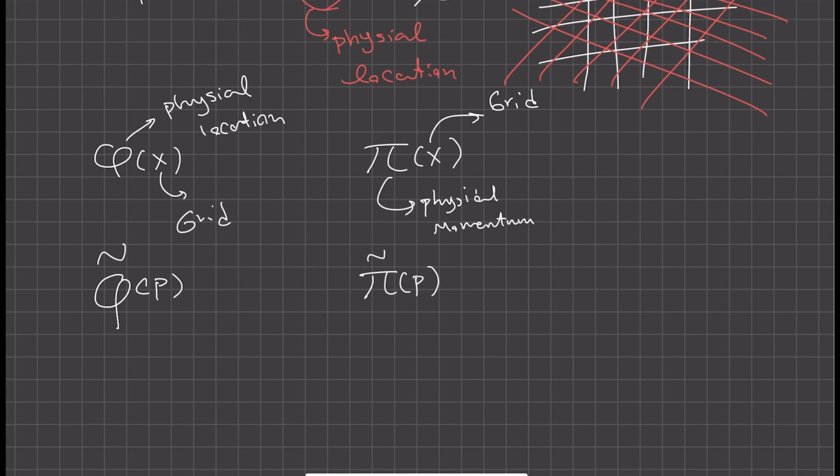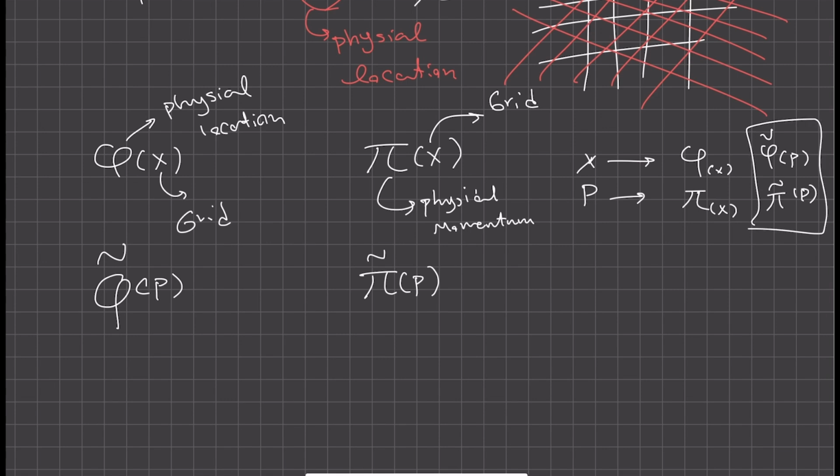When we are migrating from x and p, x goes to phi, p goes to pi, but both of them can be defined in x, or they can be defined in p. But we are going to the momentum coordinates, because we are going to try to define the momentum basis, and we are trying to quantize the energy states based on the momentum basis.